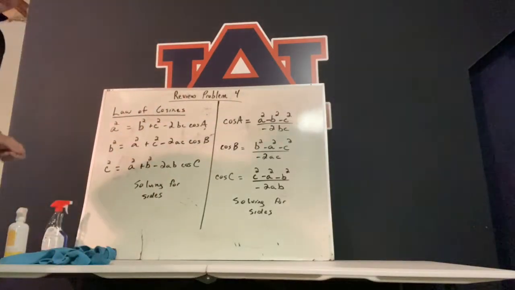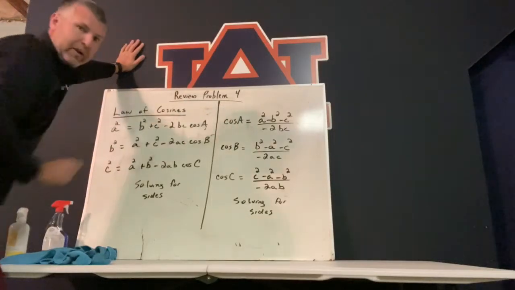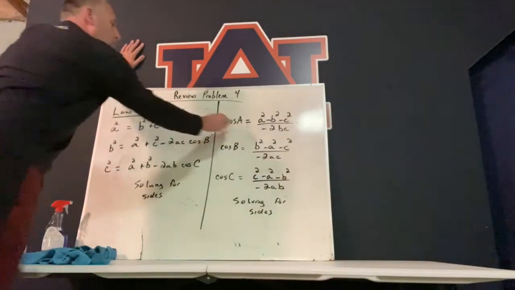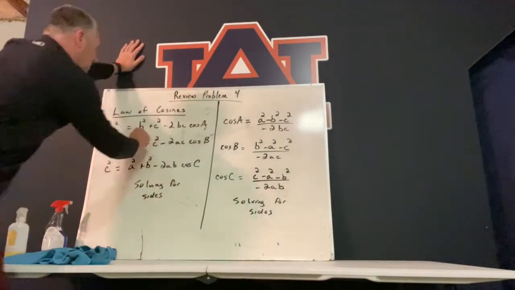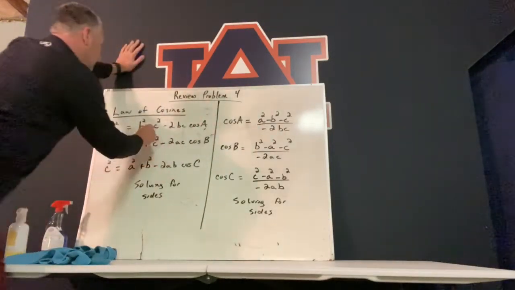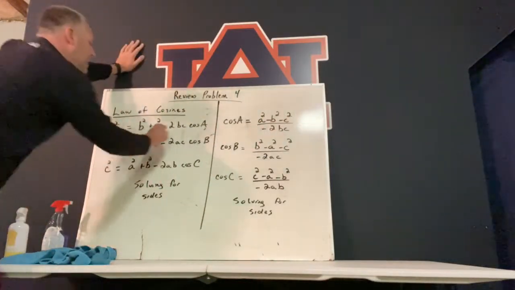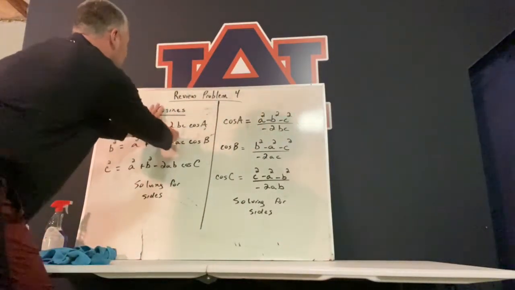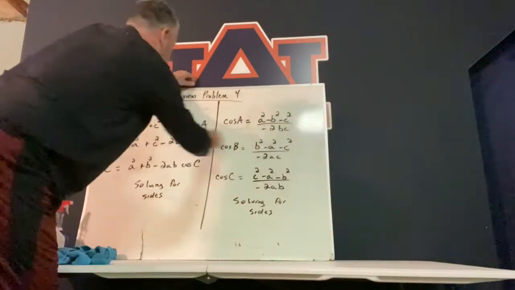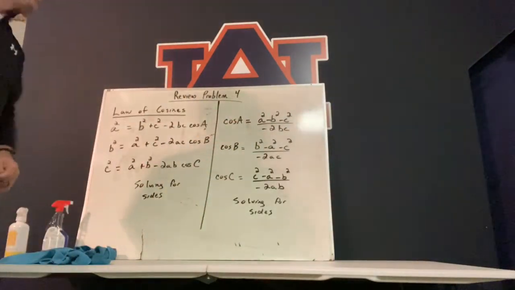Where did I get this formula from? I derived it from this formula. To get this, I moved that over, so that's negative B squared. I moved that over, so that's negative C squared. And then I divide by negative 2BC, and that's where I get that.